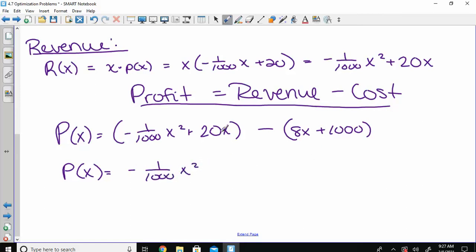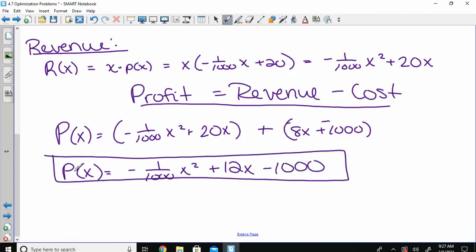So if I distribute my negative 8, 20x minus 8x is a 12x minus 10,000. So here is my actual profit function.